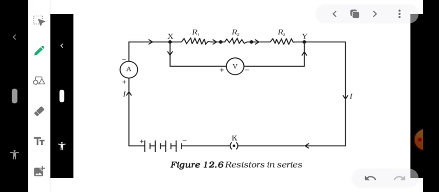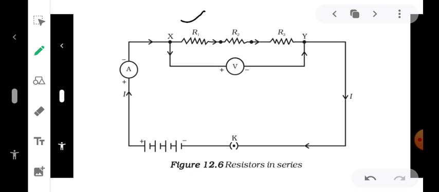I explained that when two or more electrical cells are connected in series, it is called a battery. So series connection is very simple.